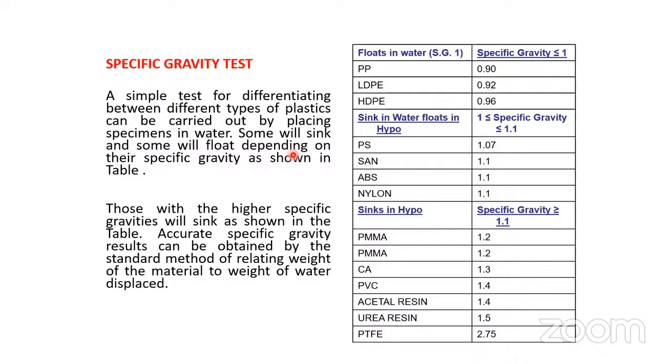If the density of your polymer is less than 1, the density of water, it will float on water. But if the density is more than 1, then it will sink.